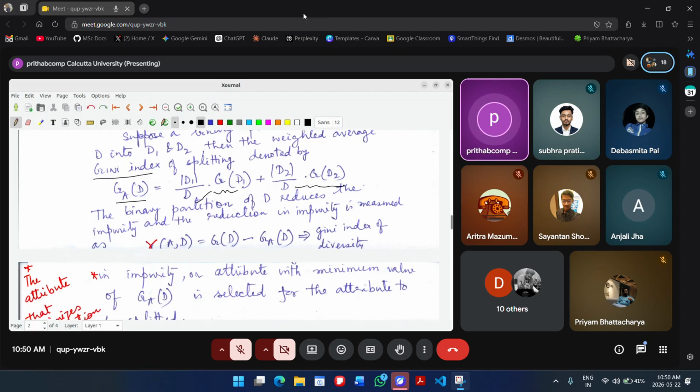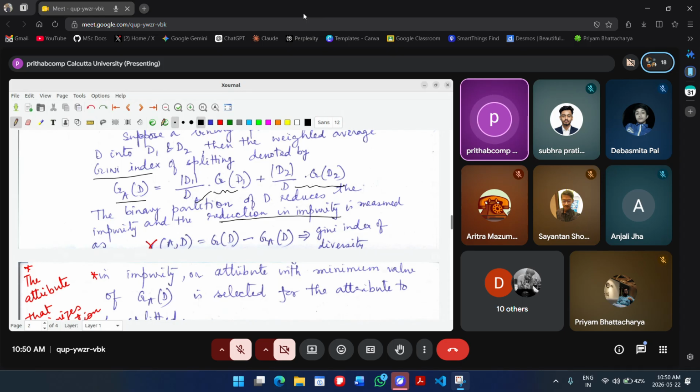So this binary partition of D will reduce the impurity, and how is the reduction in impurity measured? Actually we want to reduce the impurity as we go along building the decision tree. Just like information gain, where we are always maximizing the information gain, here we want to reduce, that is minimize, the impurity.